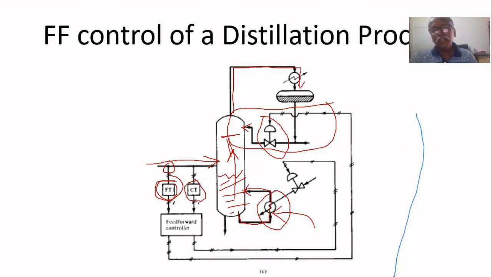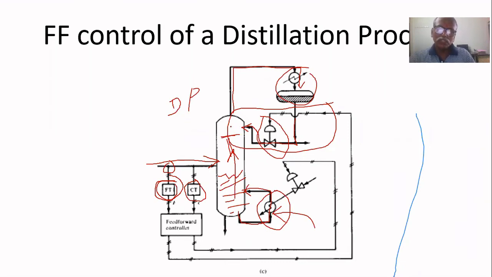As I already told, reflux is the liquid flow that is fed back into the distillation column. We assumed diesel and petrol. Diesel is in liquid form, petrol is in vapor form. Again it is condensed, and that petrol is liquid again and injected back inside, so immediately it will take the heat.